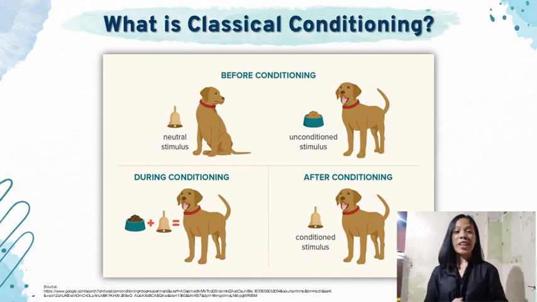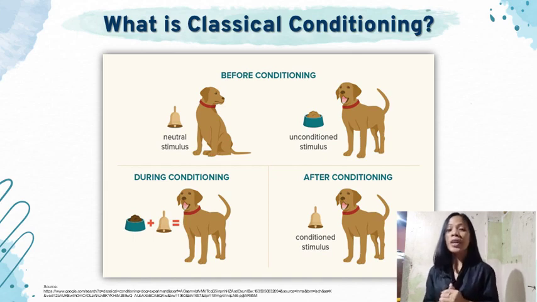If you think of classical conditioning as a psychological experiment, you might envision a dog being conditioned to have an association with the sound of a bell. And this is what his famous experiment is all about, which is also very interesting because he discovered this learning theory accidentally. So, before the conditioning, as you can see in the figure, the neutral stimulus is represented by the bell itself.